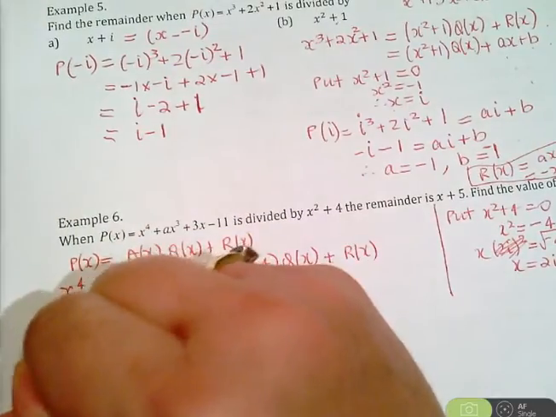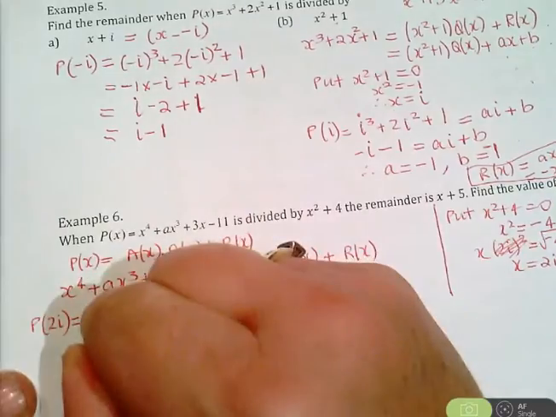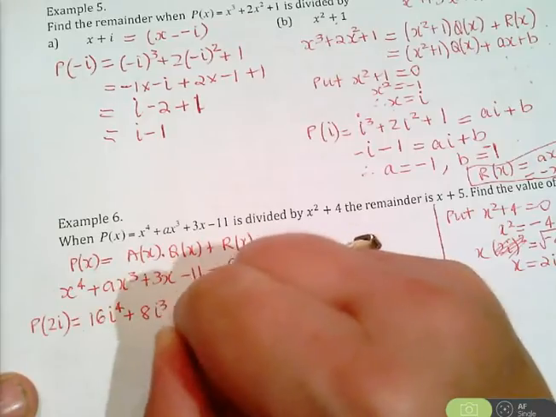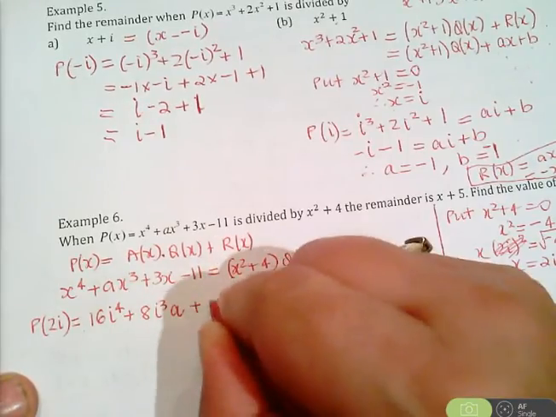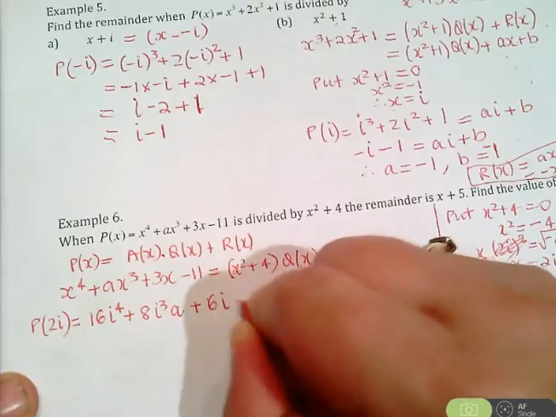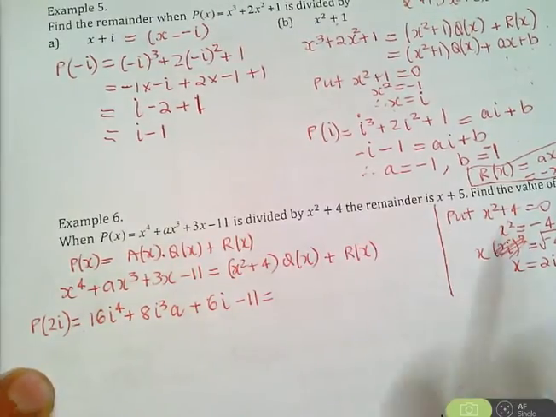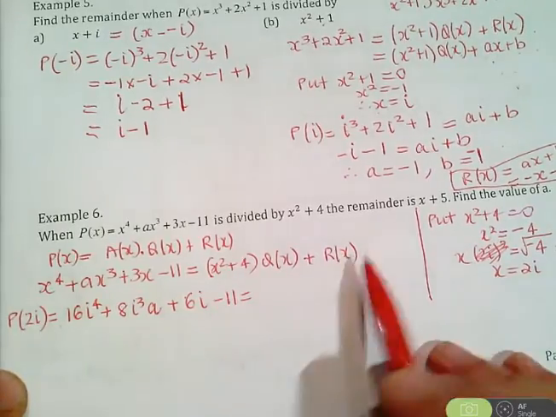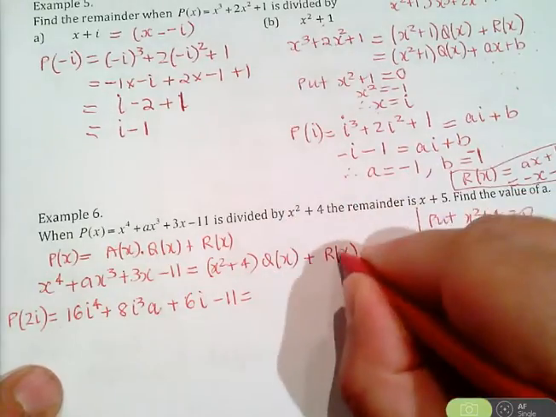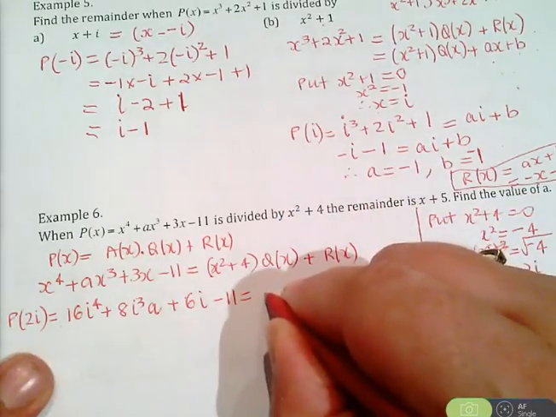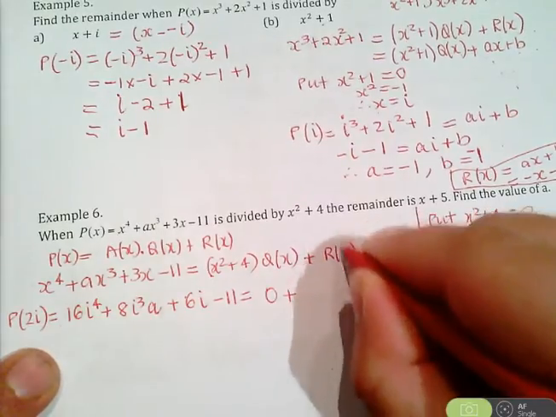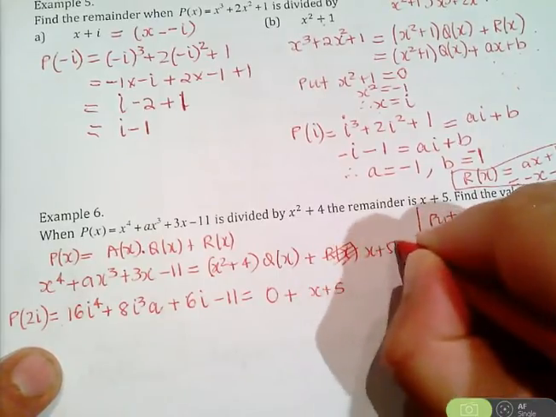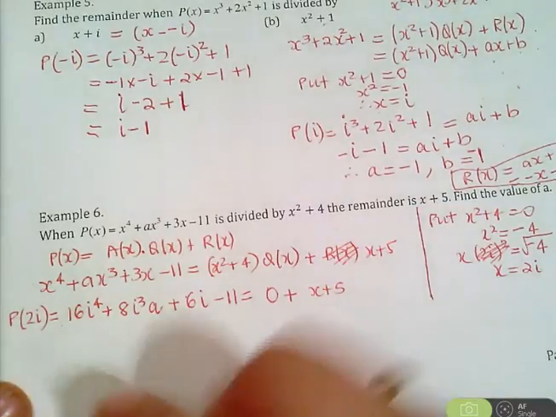So we've got p of 2i, so we'll substitute 2i in here, and we'll get 16i to the power of 4 plus 8i cubed a plus 3, we'll get 6i minus 11. Now, if we substitute x is 2i, this will all wipe out. And remember, we'll get 0 plus our remainder, which is x plus 5. So I might just wipe that off and just go x plus 5 here, because we know that the remainder is x plus 5.